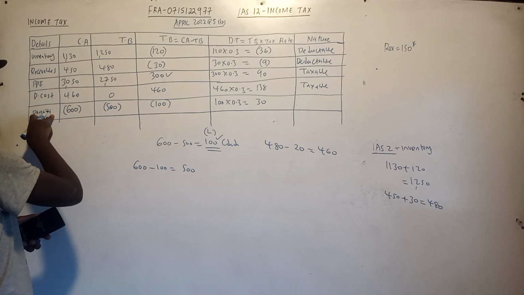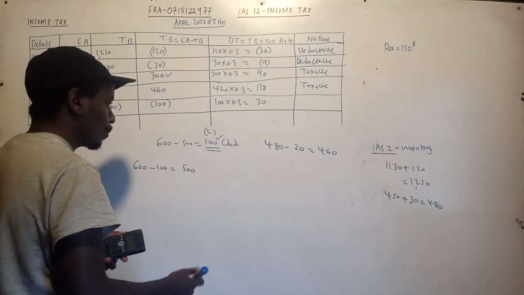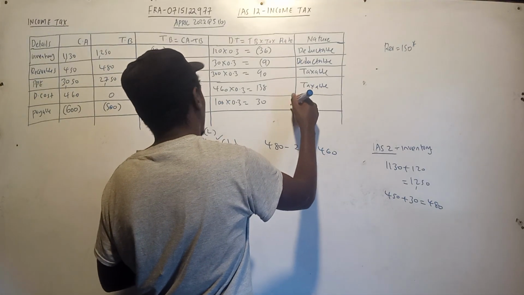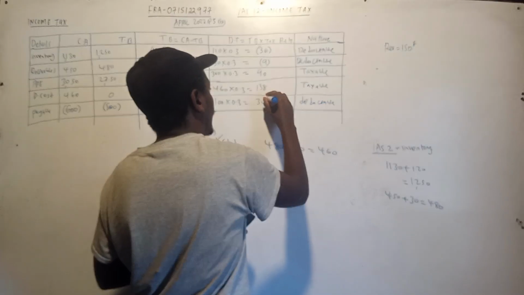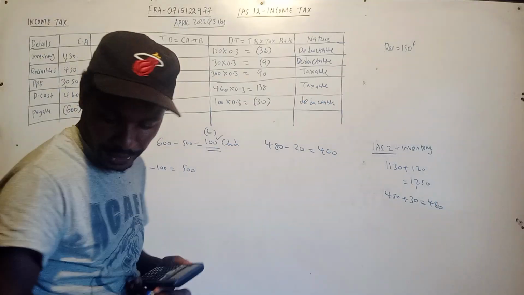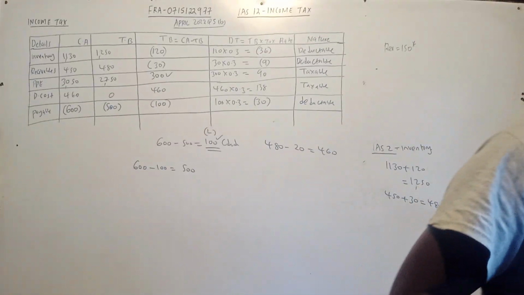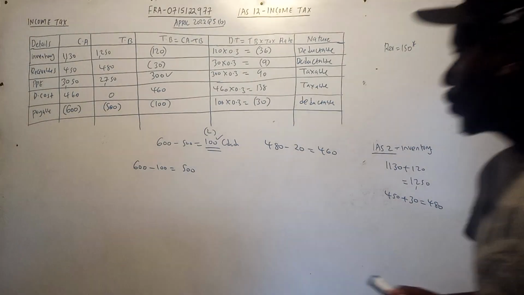But for payables, because of liability, 600 minus 500 is a positive figure, and becomes deductible. So in this case, it's deductible. We shall confirm with the other one that we did in our previous item. Then you compare. Then I think it is complete.